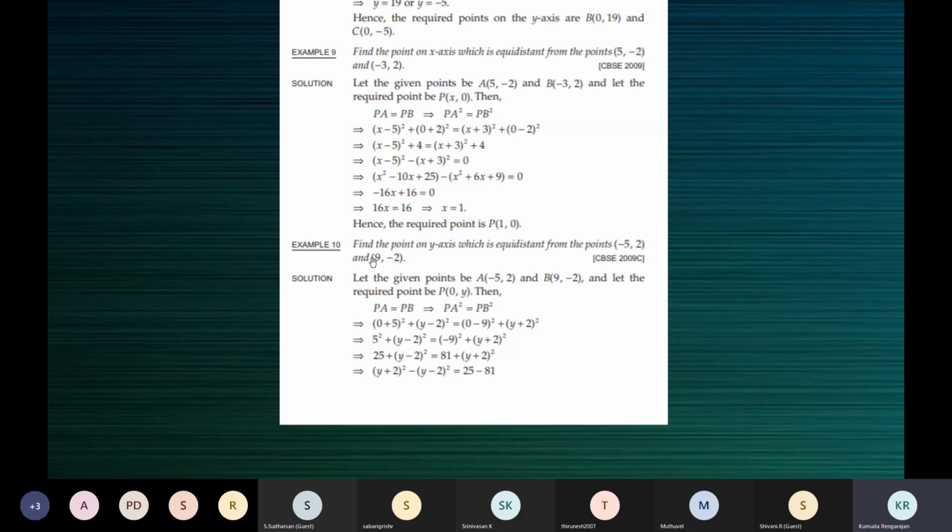This is A. This is B. What is the information given? This point on the y-axis, that is P, is equidistant from A and B. That means PA is equal to PB. PA square is equal to PB square. If you can write this and if you know the distance formula, that's all. It's very simple.